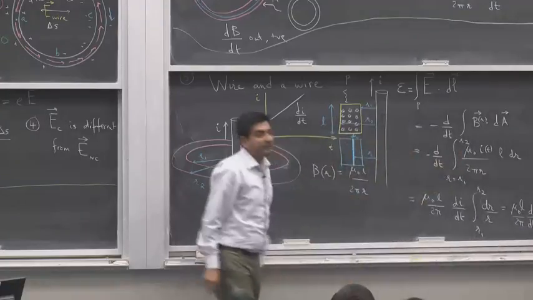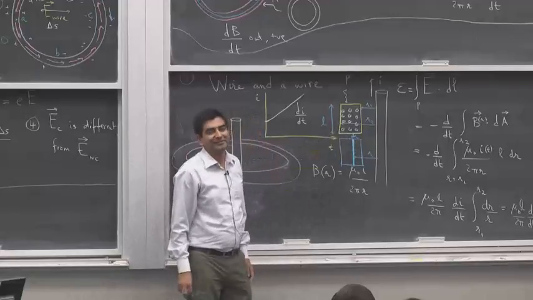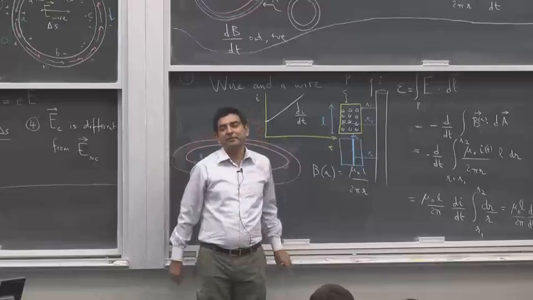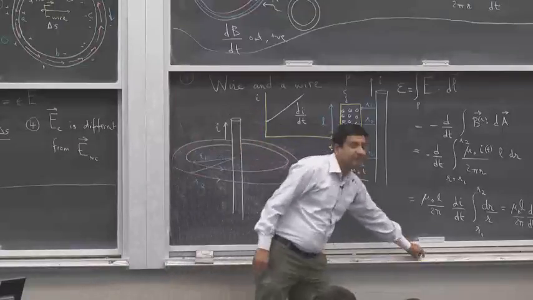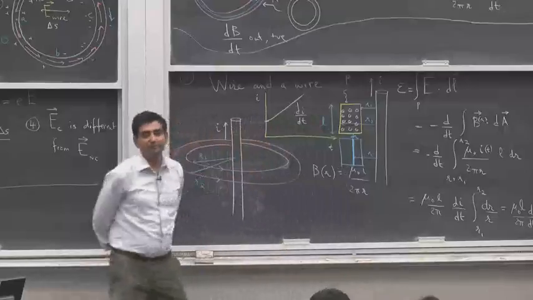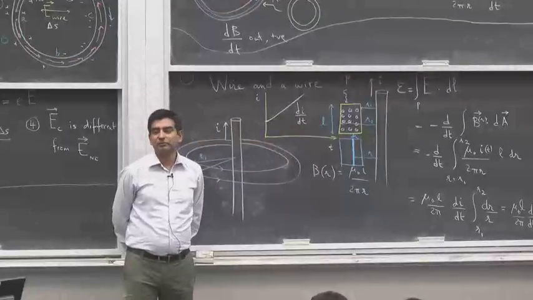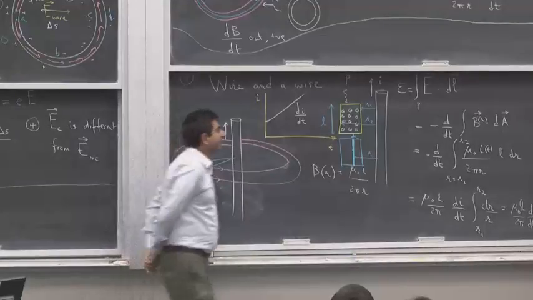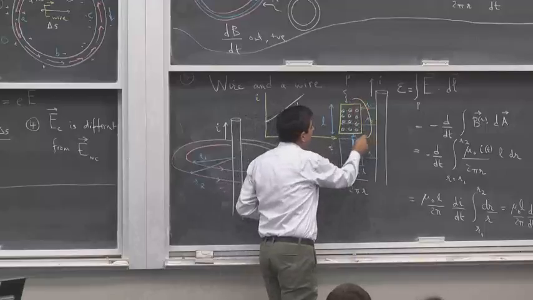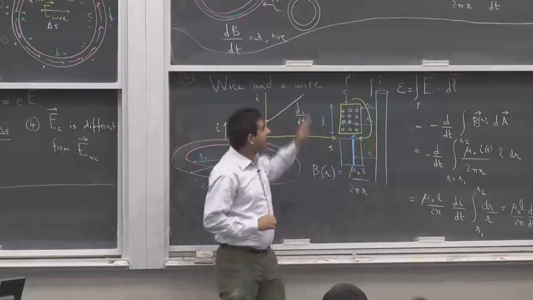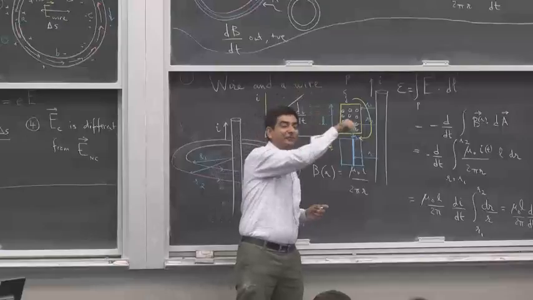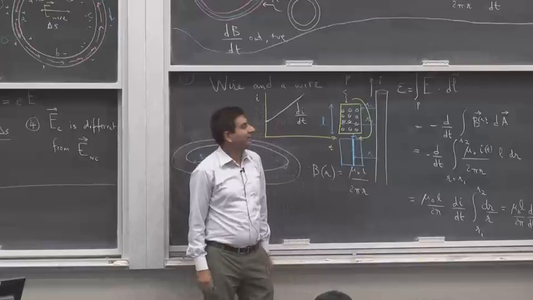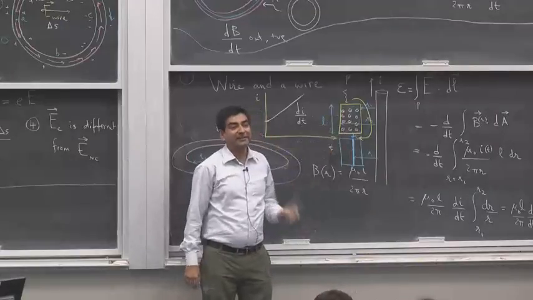So this is the net EMF that's produced inside this loop. And what will be the direction of the currents that are being produced inside this loop? They're going to go clockwise. The EMF will produce induced currents that go like this, because these induced currents will create a field that's inwards, because the changing field is outwards. So there's a non-conservative electric field that's set up inside this conductor.